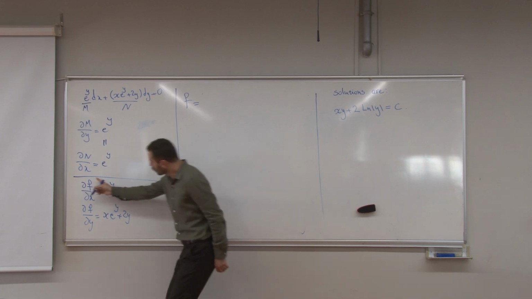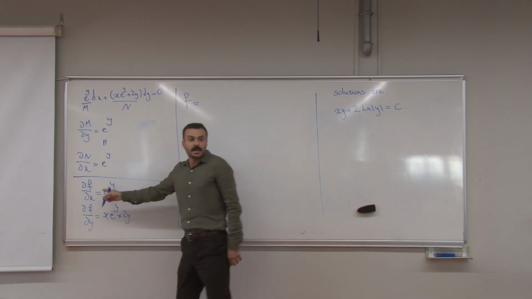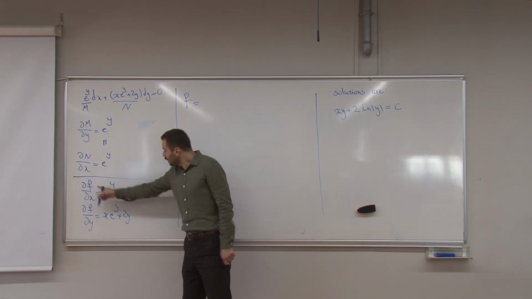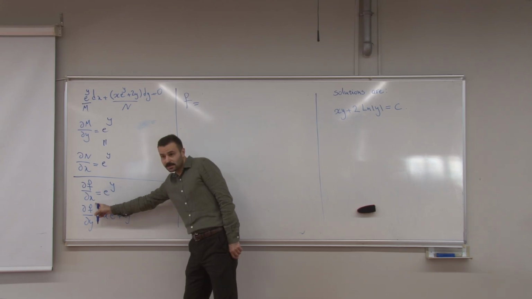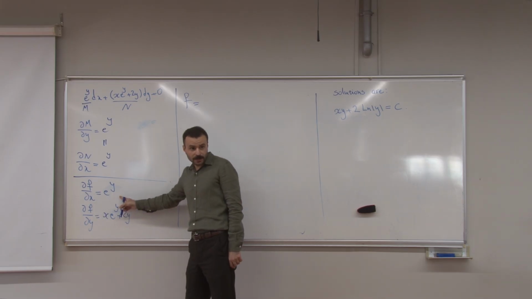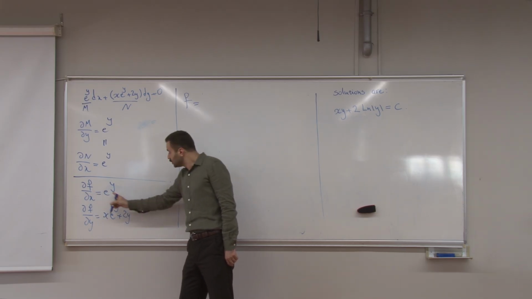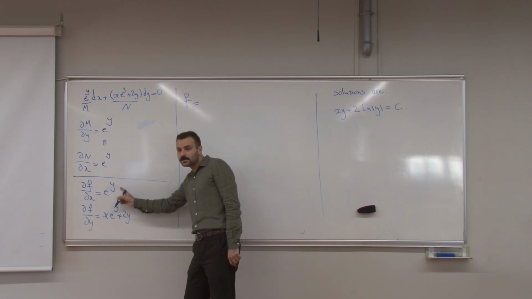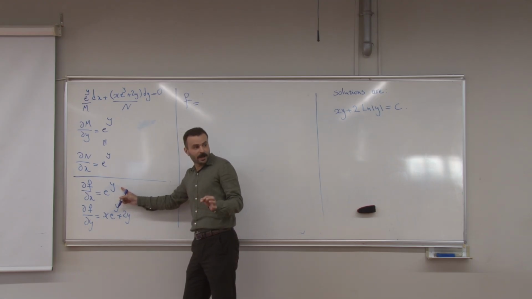First of all, let's start from here. If I have taken the partial derivative of f with respect to x, and I have got e to the power of y, then f is integral of e to the power of y with respect to x, by assuming that y and x are independent variables from each other.